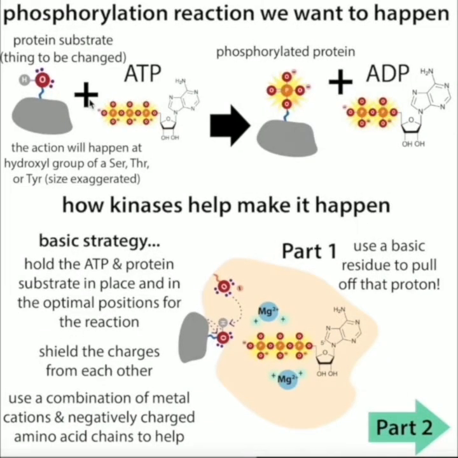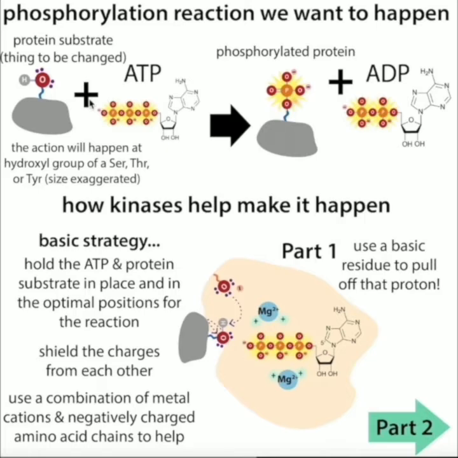So let's talk about how a kinase is going to help with this. We talked about how enzymes can stabilize that transition state, and the transition state here is going to involve some negatively charged, awkward, bent ATP.